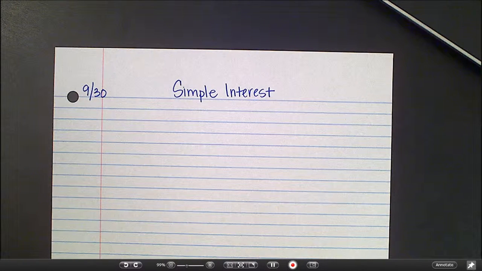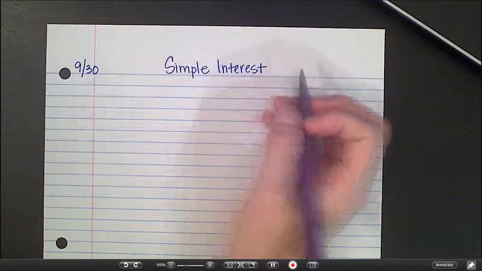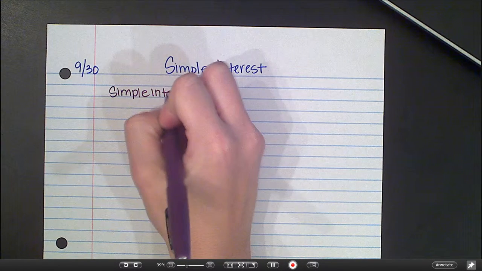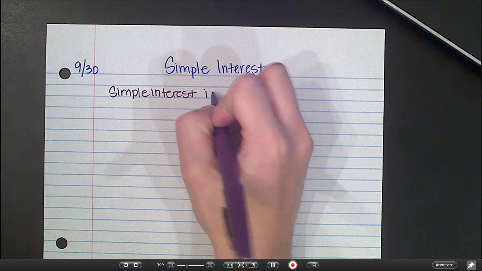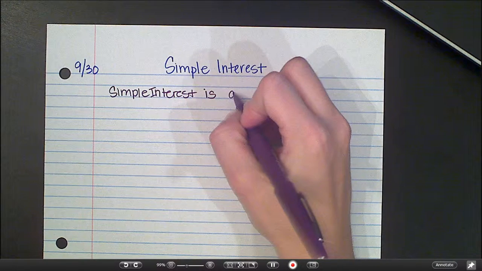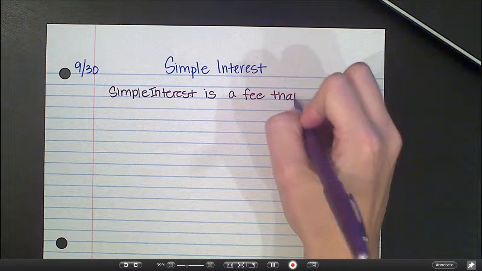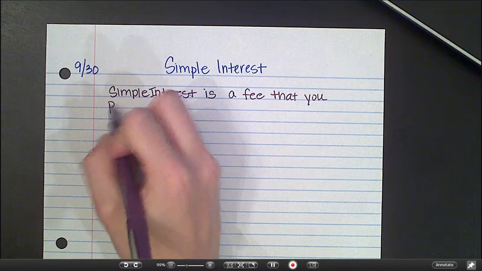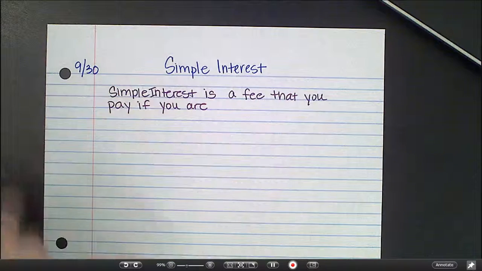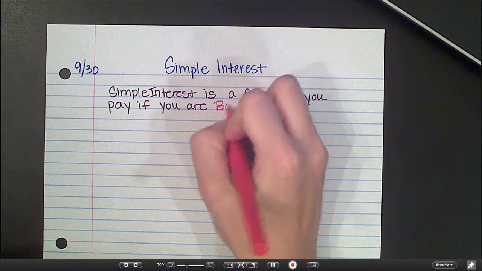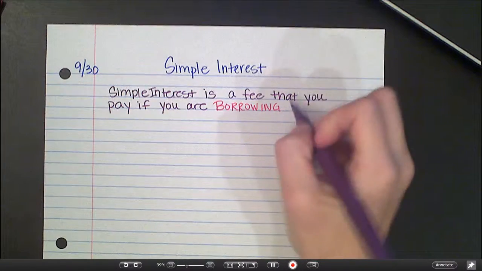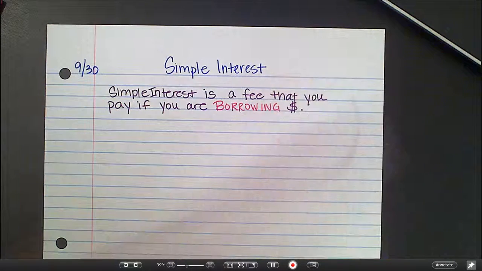So what I want you to do is write: simple interest is a fee that you pay if you are, I'll put this in red, borrowing money. And then I'm going to put this.